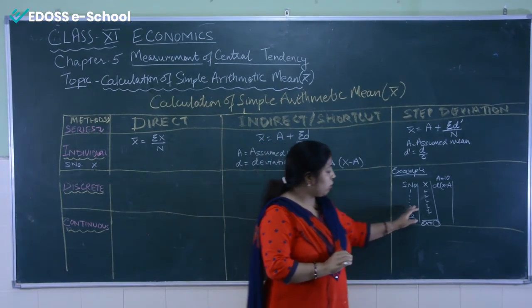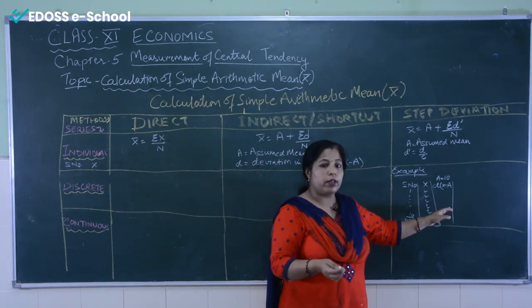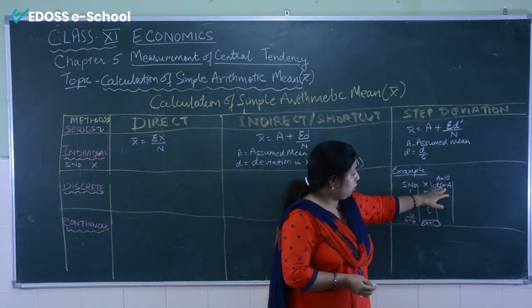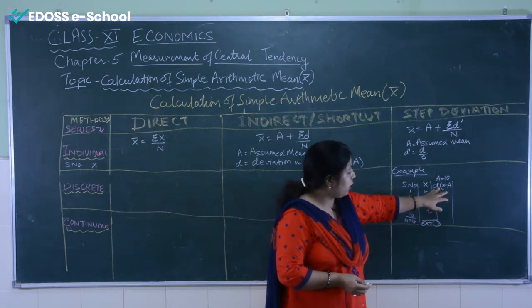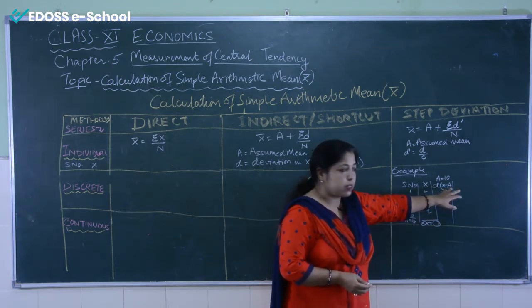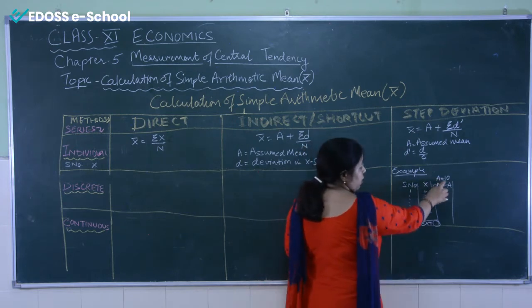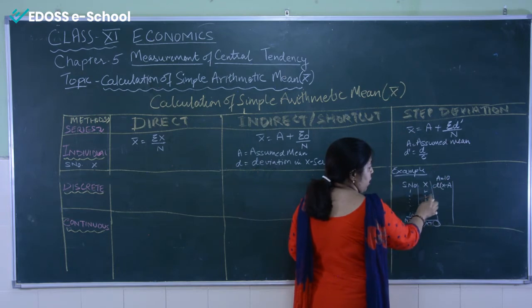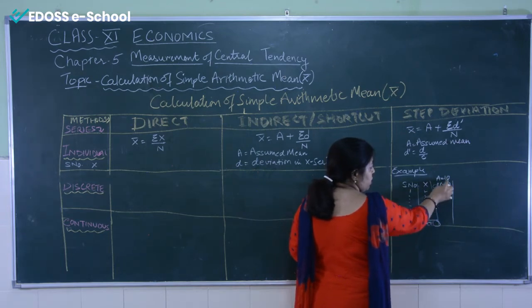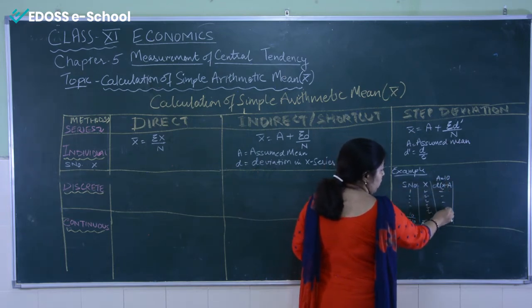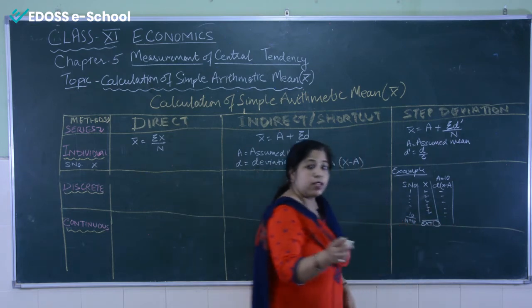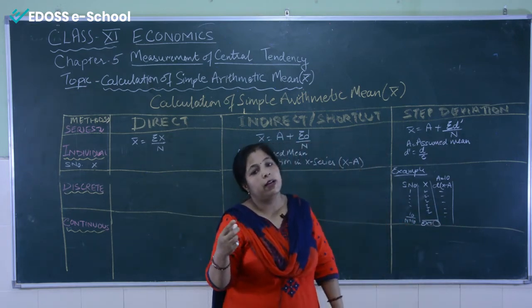Fine. So like this you will make the columns, and we will do it while doing the sums also. So we have to calculate D. How will D be calculated? X minus A. Now see, A is this, X is this. So X minus 10 for each. We will do it and the answer will come here. This answer can be positive and can be negative also.